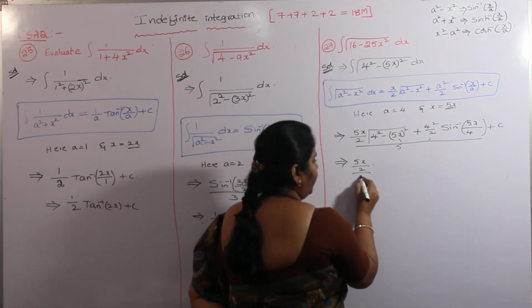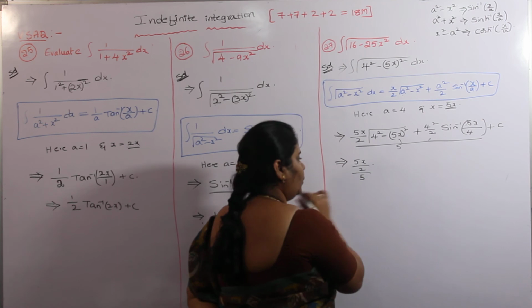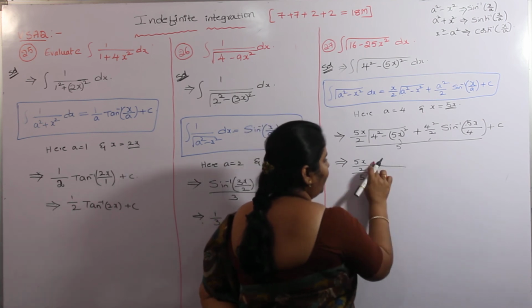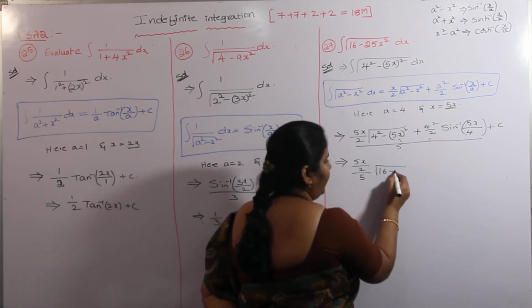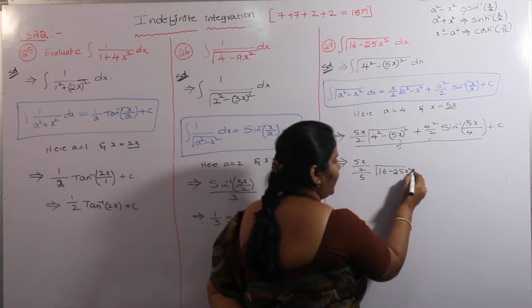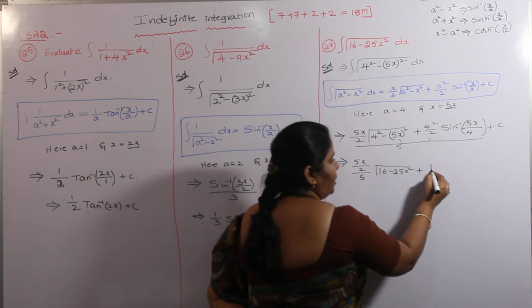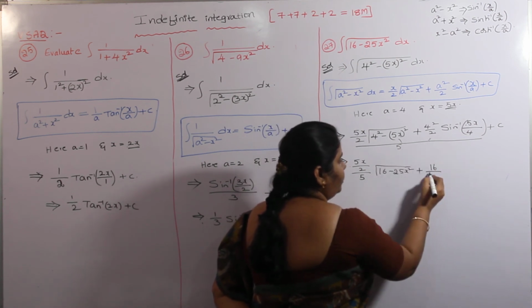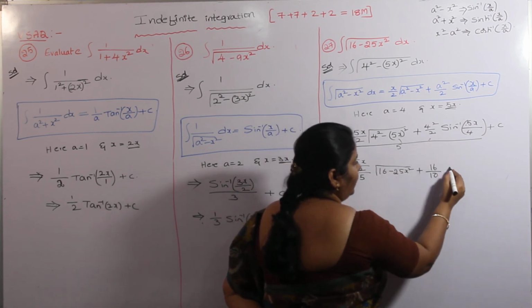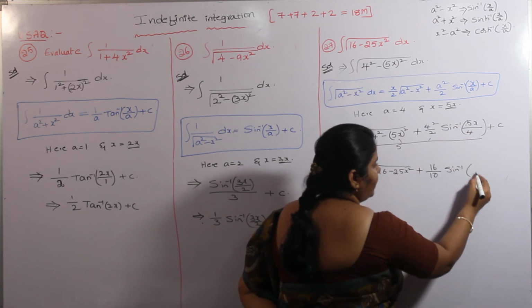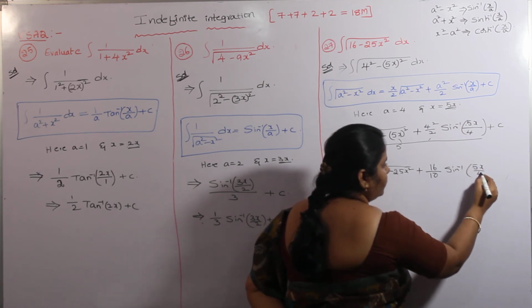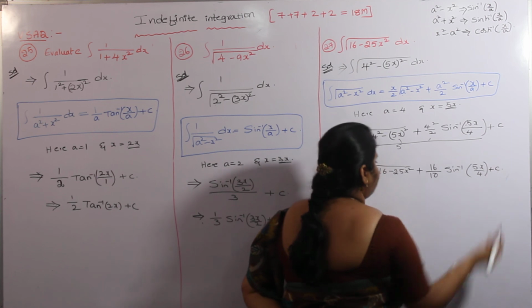That is 5x by 2 into 1 by 5 into root over 16 minus 25x square plus 4 4s are 16 by 5 2s are 10 into sine inverse 5x by 4 plus c.